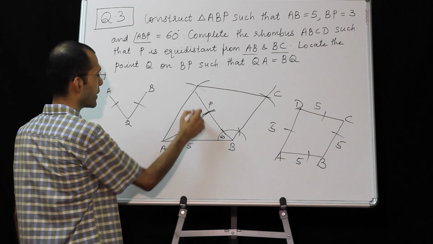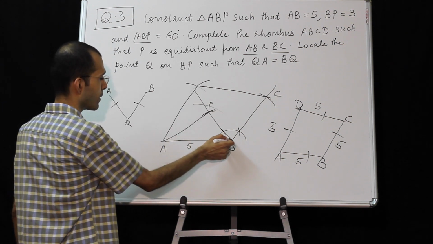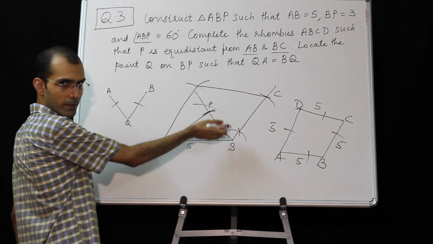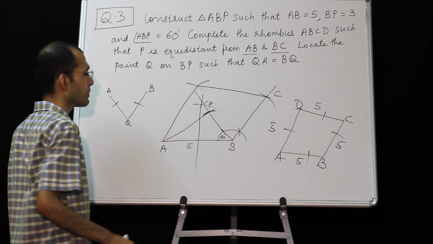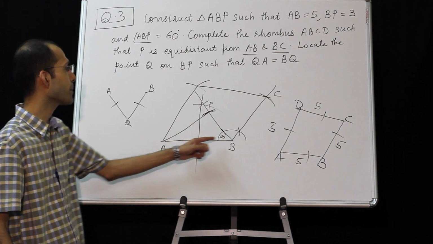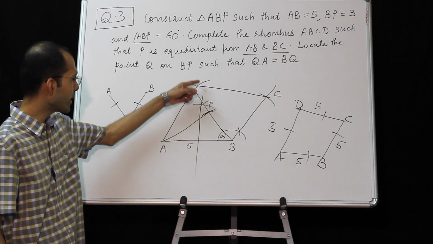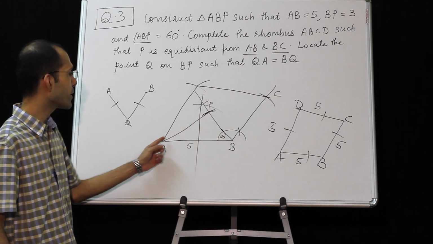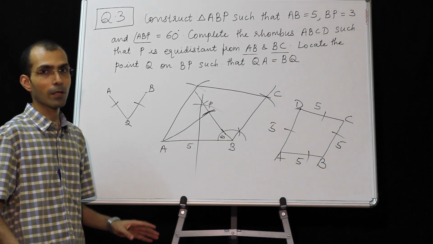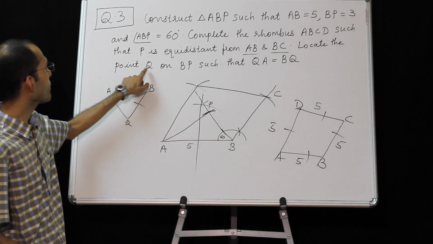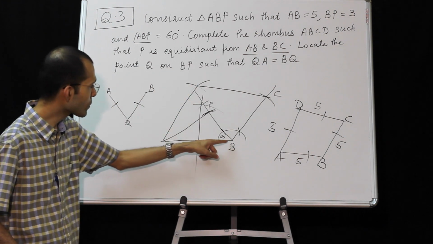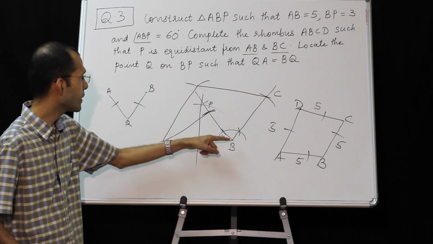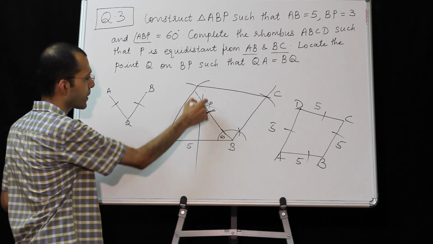From A, with a radius more than half, take an arc. From B, same radius, cut. Draw the perpendicular bisector of AB. So any point on this will be equidistant from A and B. But what do they want? Locate the point Q on BP. So this is our segment BP and this is the perpendicular bisector.